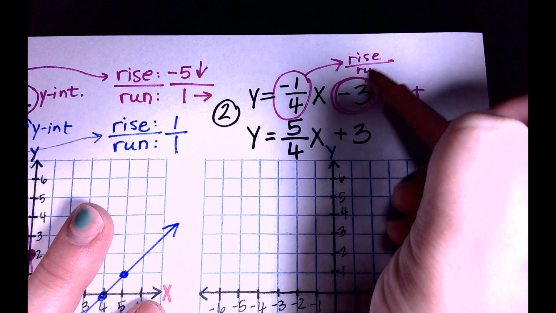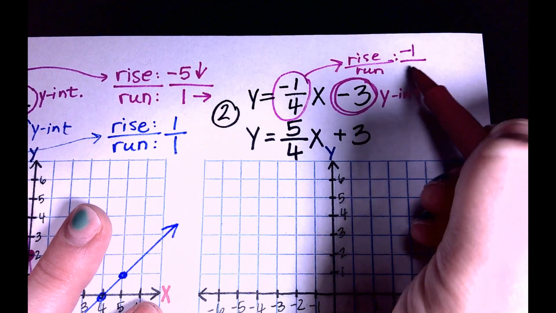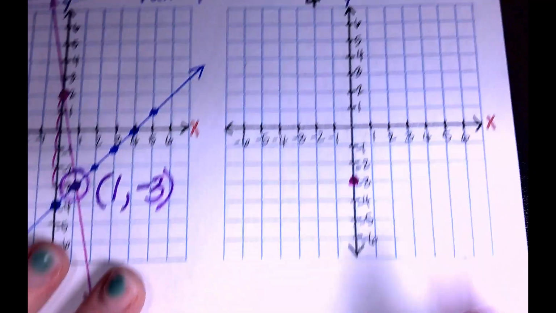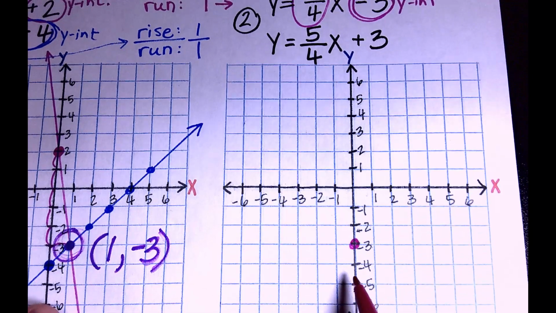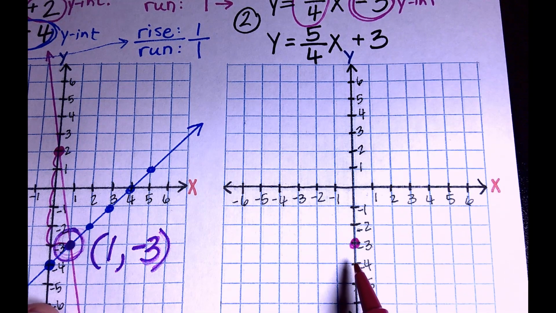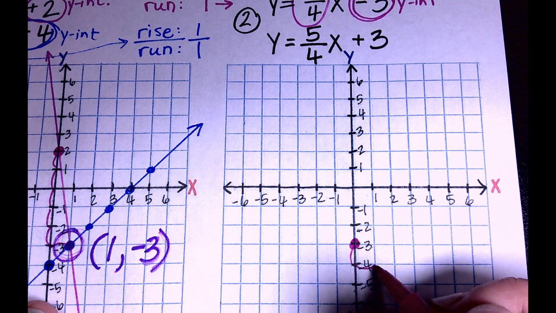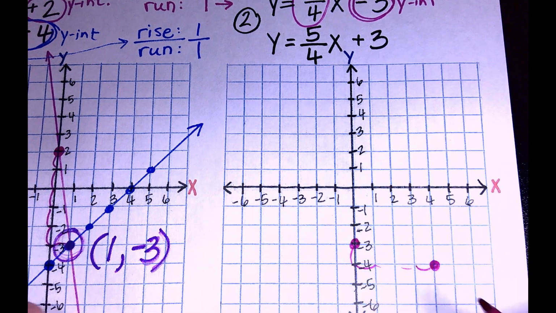Rise over run. -1 is our rise. 4 is our run. So we'll start at our y-intercept. We'll go down 1. And how many spaces over? 4. So down 1, over 1, 2, 3, 4. That would be my second point.